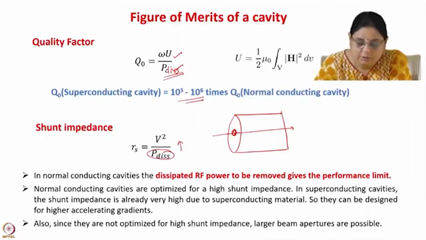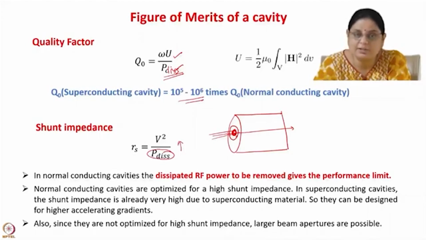So in normal conducting cavities, in order to maximize the shunt impedance, the beam aperture is kept very small. In superconducting cavities, since the shunt impedance is already very high, you can increase the size of the beam aperture. This is useful because then you can reduce the beam loss. If the aperture is large in size, the beam loss can be reduced.